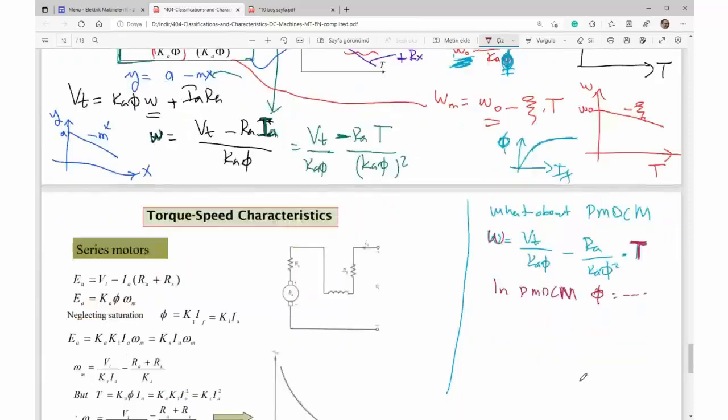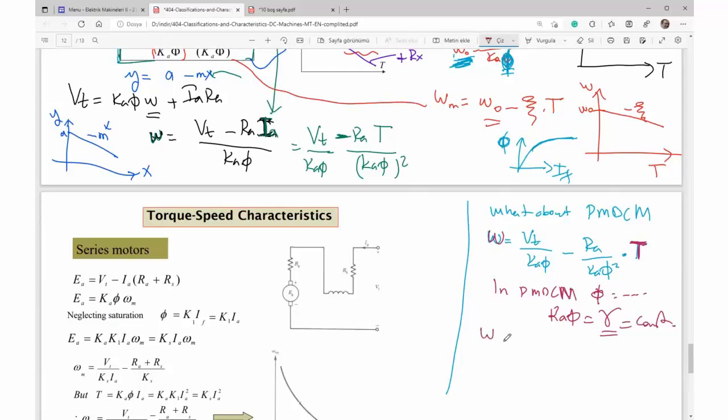Okay, let me talk about permanent magnet machine. Ka times flux can be assumed constant, just like what it was in third quiz. You remember, it was given Ka phi constant at a certain value. Let's say gamma constant.